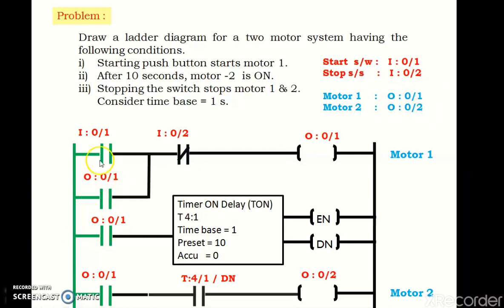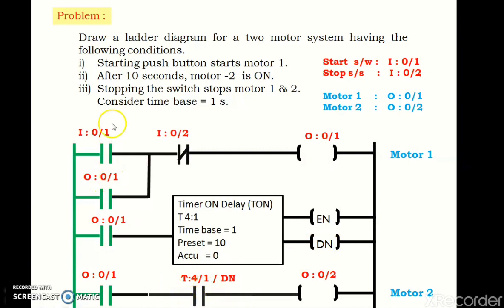Here start switch, stop switch, this is the latching which is shown here in parallel with the start switch. When this latching will be started, the timer should start. It will count the time of 10 seconds. After 10 seconds, the done bit will be energized. This done bit is the done bit of this timer.